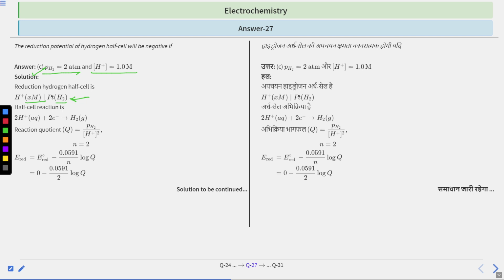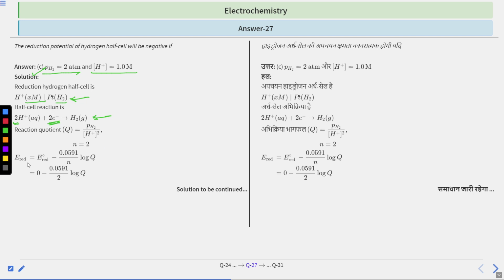Half cell reaction will be 2H positive plus 2 electron giving us H2 molecule. So if we want to find out the reaction quotient, which we use in the Nernst equation later, it is equal to pressure of H2 divided by the concentration of H positive whole square, because 2 is the stoichiometric coefficient in the reaction for H positive. N is 2, you can see here.